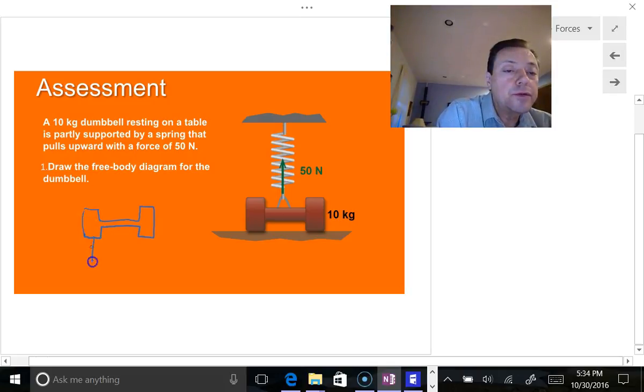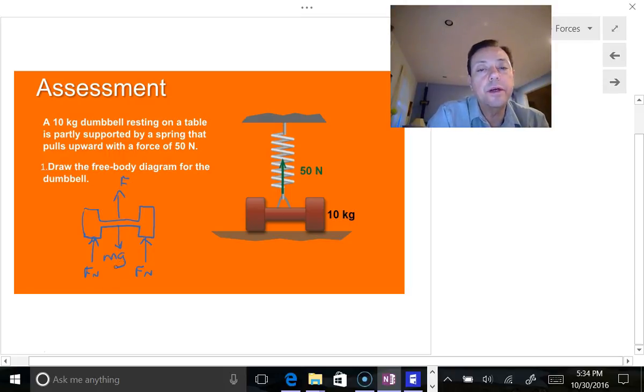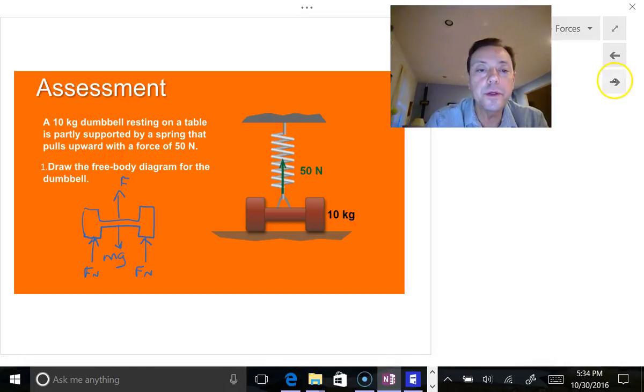So we have two normal forces, one here, one over here. We have the force of the spring acting up, and we have the force of the weight acting down. That looks like a pretty good free body diagram to me.